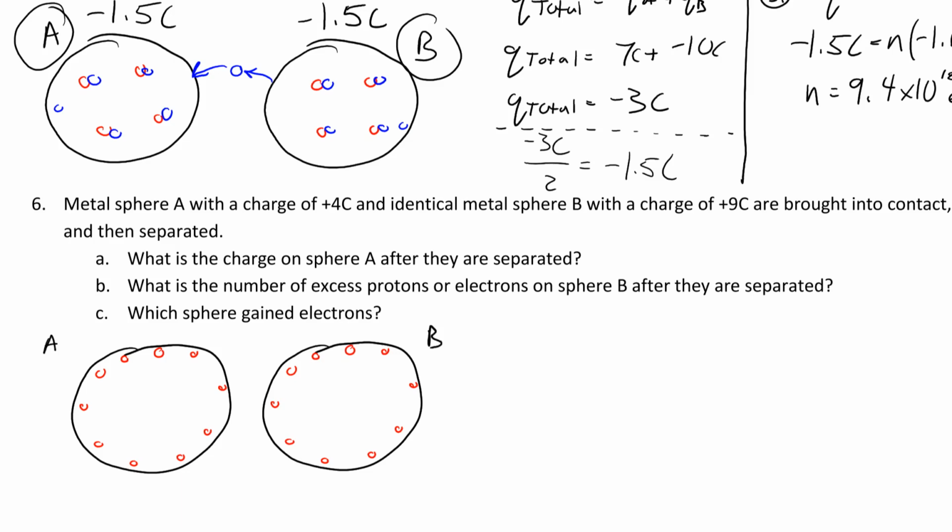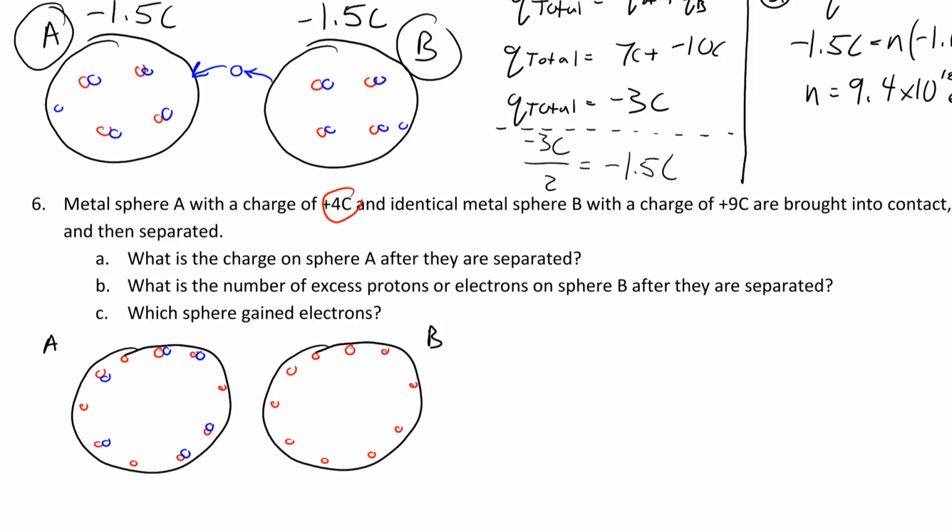Since A has a charge of positive 4 coulombs, I'm going to draw an amount of electrons so that there are 4 protons left over. So I want to draw like this, spread it out. I drew one too many here, just like that.